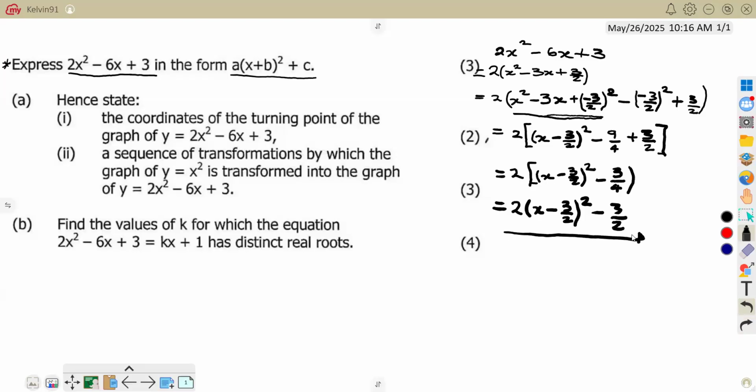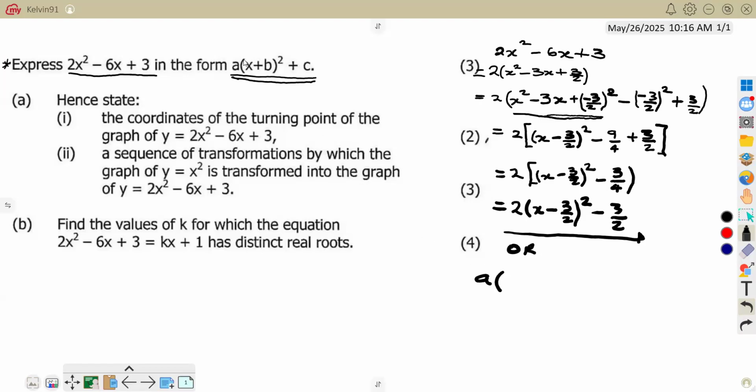Please take note there. That is one way of doing it. Alternatively, you can decide to use identities. If we are using identities, you just take this part where we want to go, then let us expand to remove the brackets.